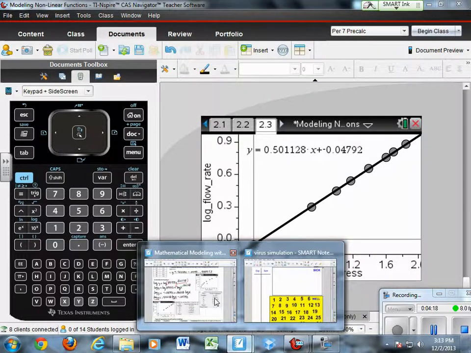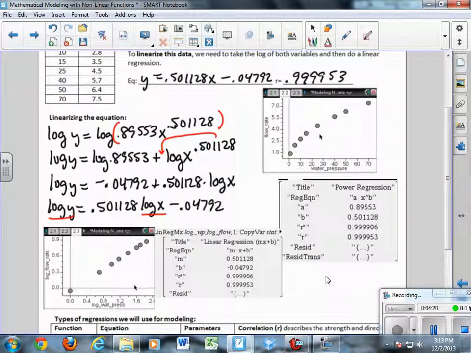So going back to my notes here. You can see too, here's the power regression of the original data, here's my A and my B values, here's my R value. If I do a linear regression of the log of both variables, notice there's my slope and my y-intercept that come from taking the log of both sides of this equation, and there's my R value, same R value.